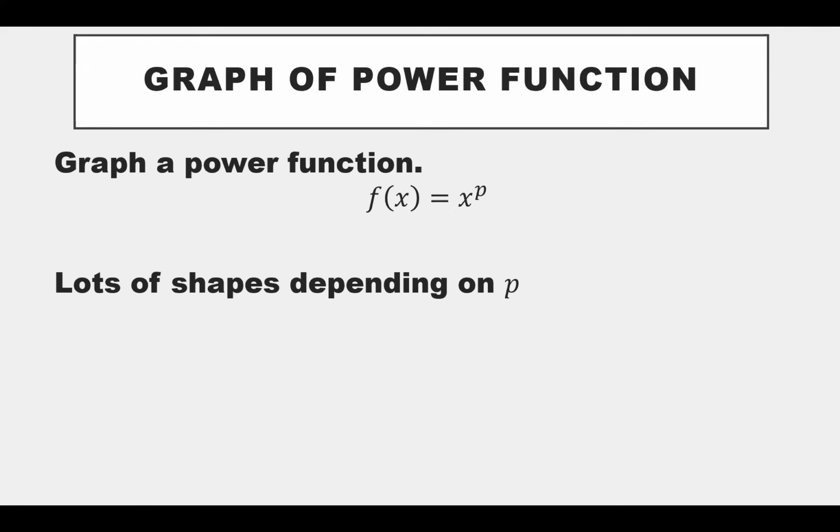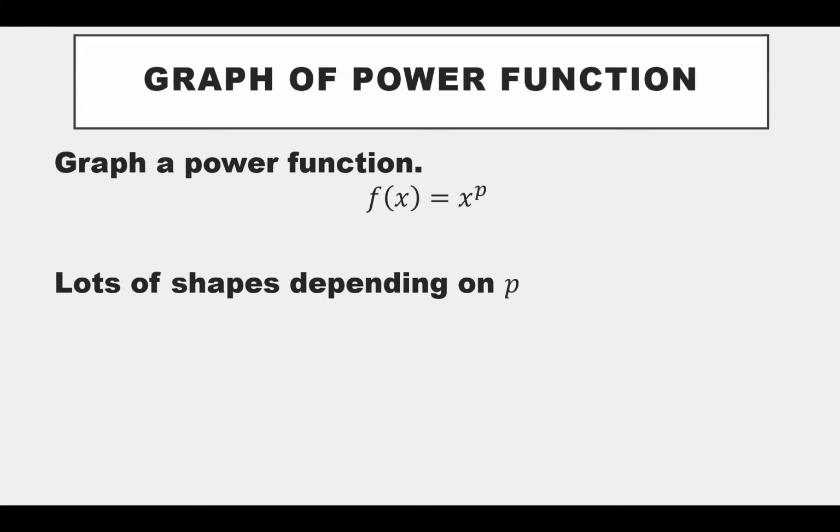Now, before we get to polynomial functions and their graphs, let's talk briefly about the graph of a power function. Let's take a power function f of x is equal to x to the p power. Well, there's lots of different shapes of a function like that depending on the value of p.